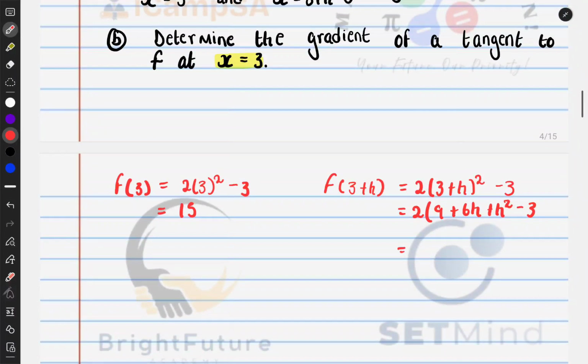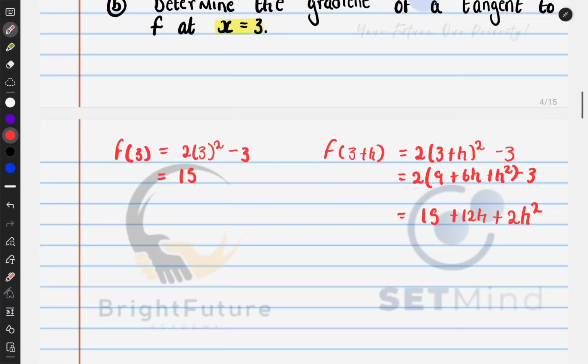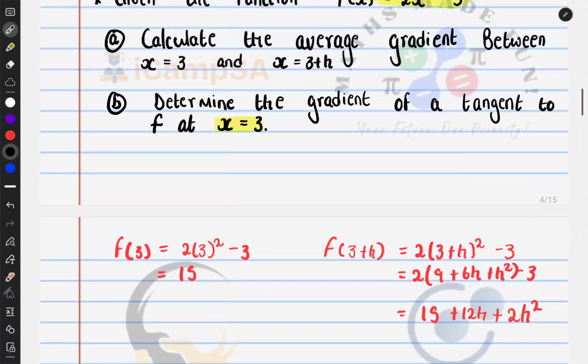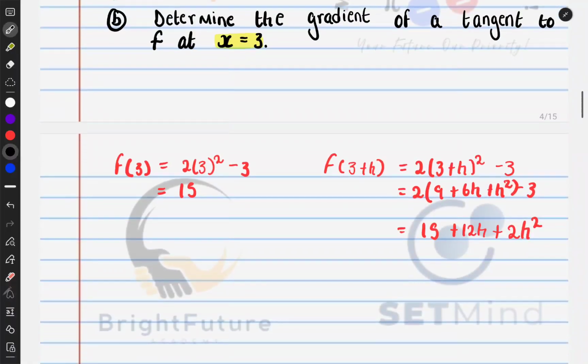Therefore, we're going to have 2 times 9 is 18, minus 3 will be 15 again. And then 2 times 6h will be plus 12h plus 2h squared. Now we have the corresponding y values for x is equal to 3 and x is equal to 3 plus h.